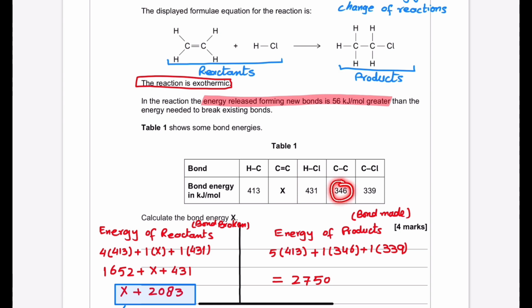This is the bond energy present between carbon and carbon, plus there is one bond present between carbon and chlorine, 1 times the bond energy between carbon and chlorine, 339. And we get 2750.